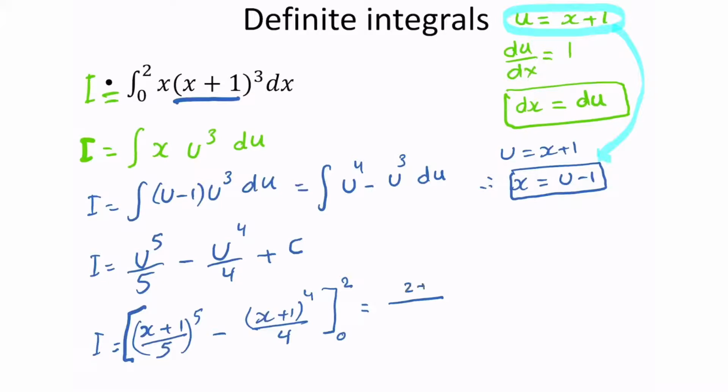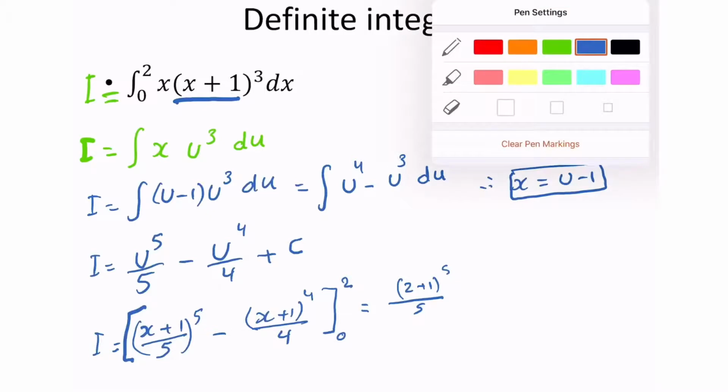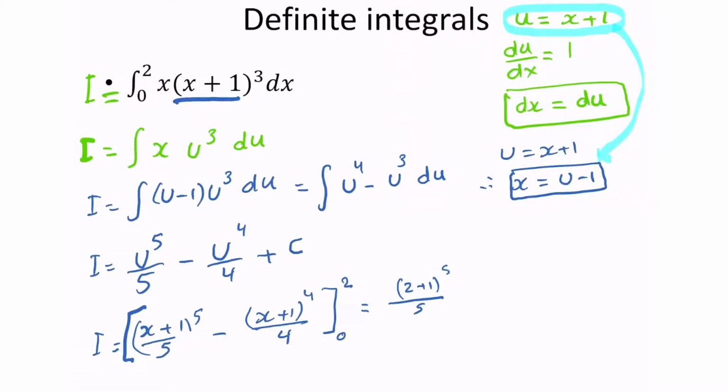So there's going to be 2 plus 1 over 5, so 2 plus 1 to the power 5. We don't need the bracket here, it's not all of them actually, sorry, just the top one.